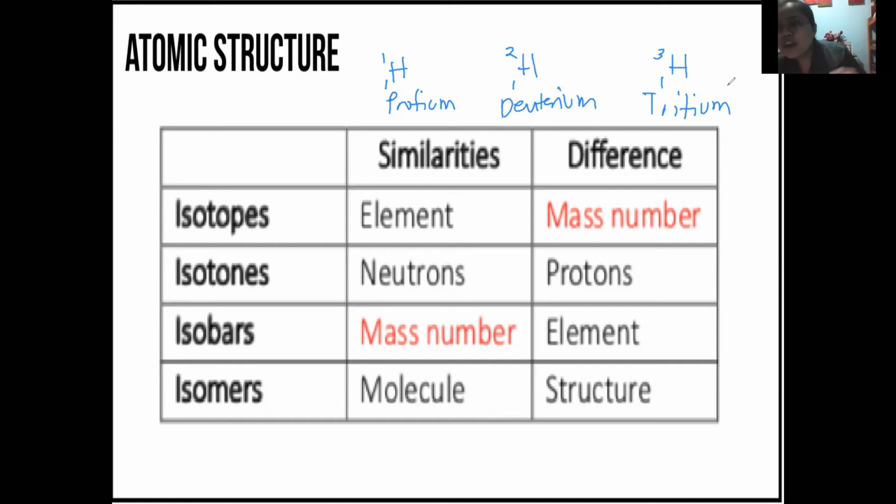Ito yung sa dagat natin. Merong water, 'di ba? Water H2O, that's protium actually. But yung sa deep part of the sea, meron kang makikita doon na D2O instead of H2O. That means instead of hydrogen na protium, heavy hydrogen siya, so D, deuterium, D2O.